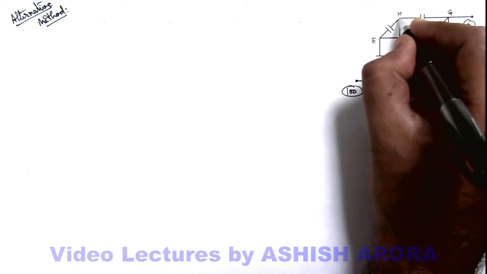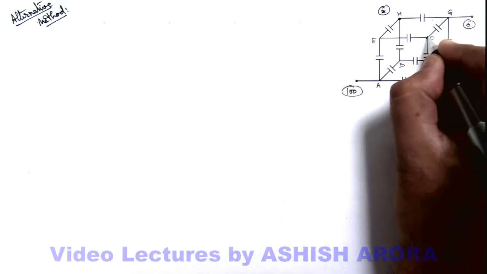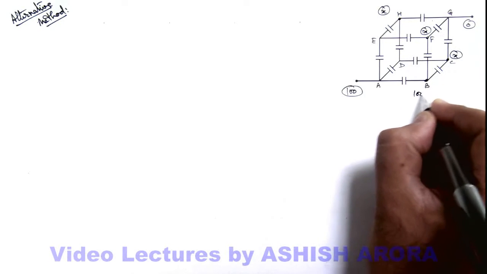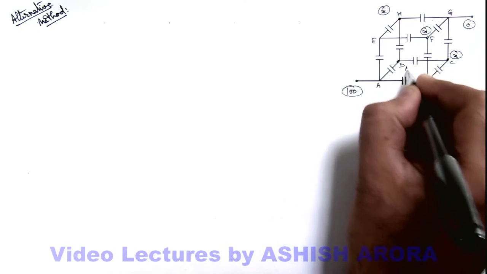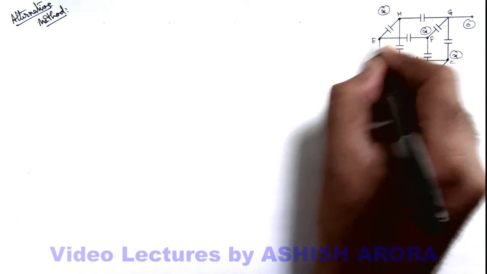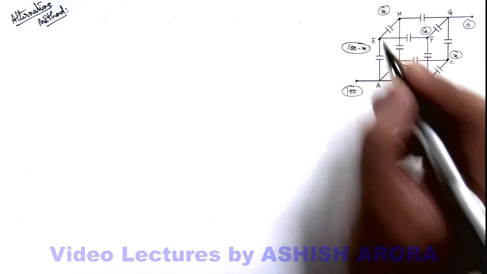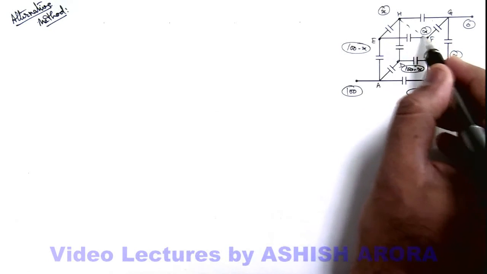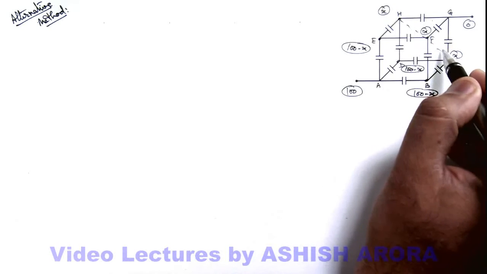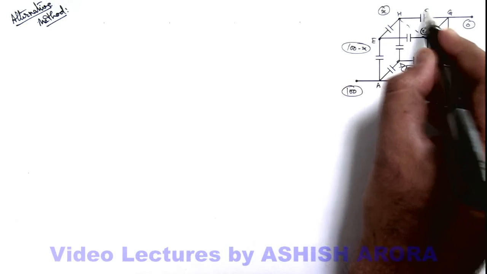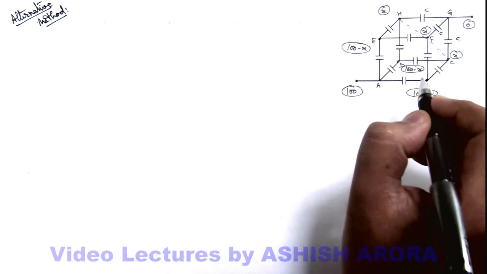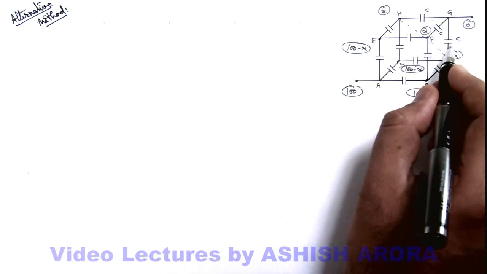By symmetry, we have distributed potentials here as X, X and X, and on these three terminals the potential will be 100 minus X. By joining equipotential points, if these three terminals are connected to each other, there won't be any charge flow in these because they are at the same potential. So these three capacitors C, C and C can be considered in parallel combination, and the equivalent capacitance will be 3C.